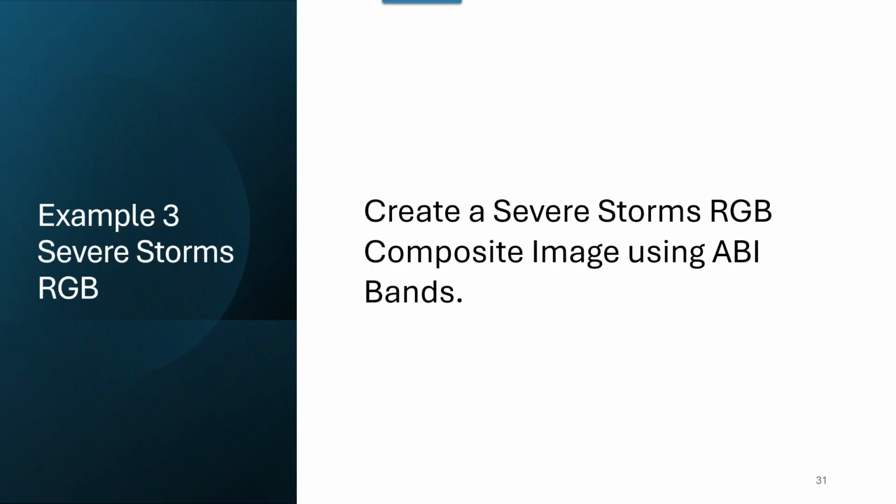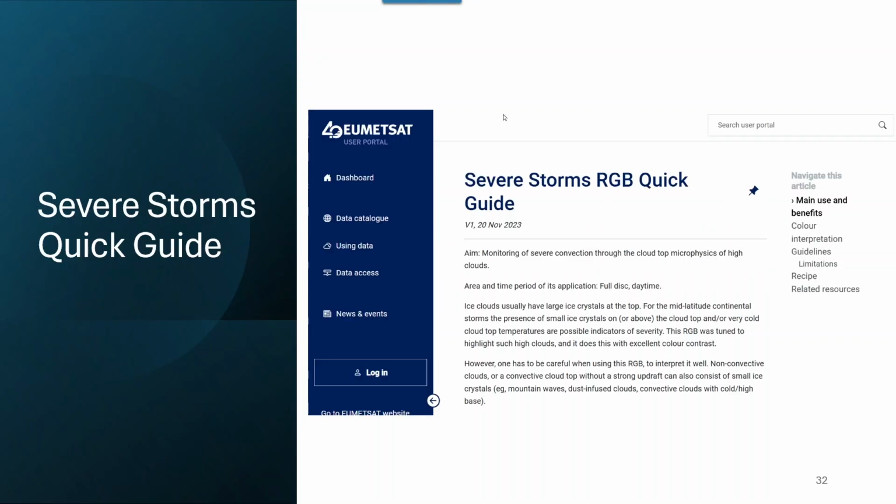We're going to now move to example 3. This is where we will create a Severe Storms RGB composite image using ABI bands. And here's a quick guide. Once again, it shows you a recipe, how to read the image when you actually create it.